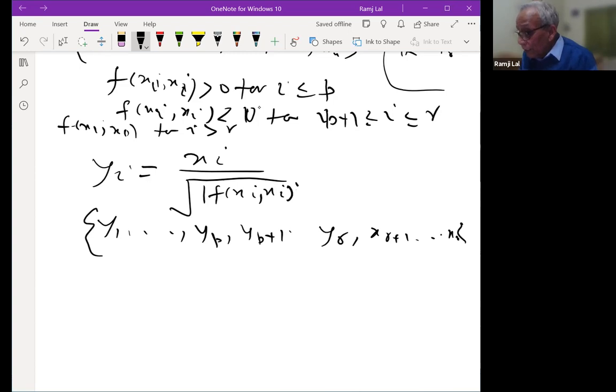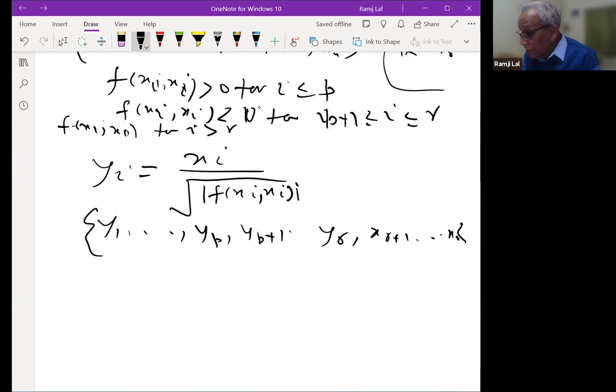If you are in the complex case, the Hermitian case, then you take the mod here also, and the proof will go as for the Hermitian form also, because you know that f(xi) is already real if it's a Hermitian form. So we are in the real case.